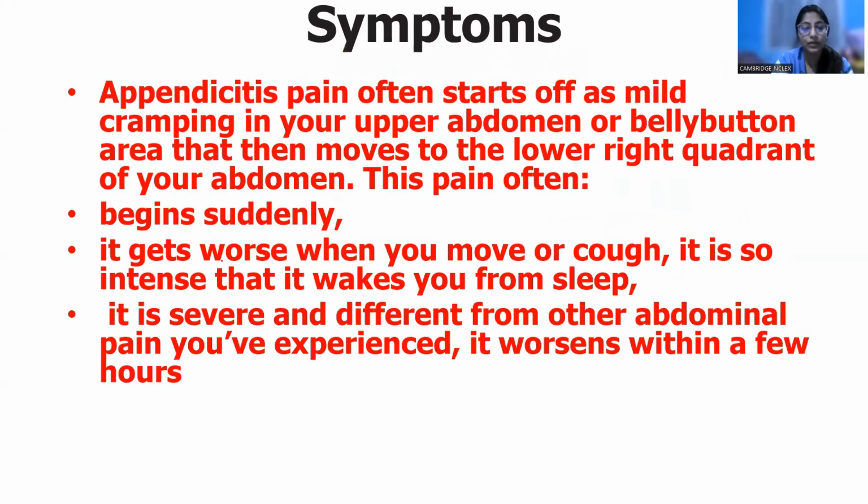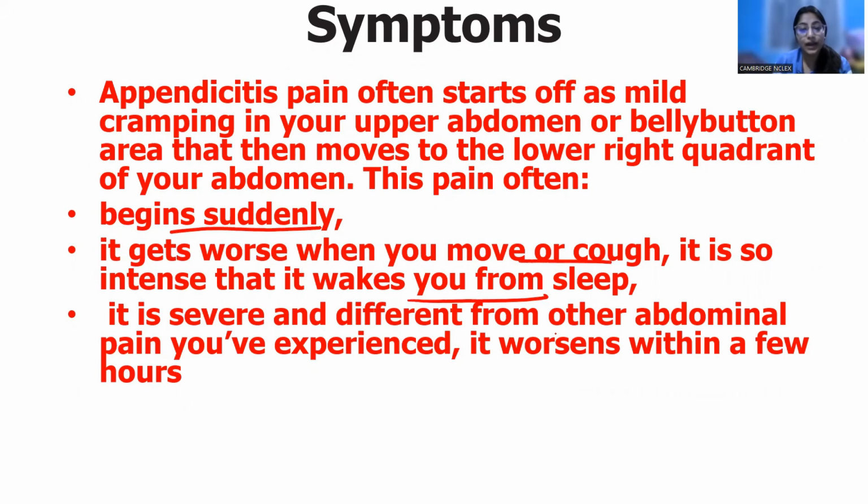So, what symptoms might a patient with appendicitis have? Appendicitis pain often starts as a mild cramping in your upper abdomen or around your belly button. Then it moves to the lower right side of your abdomen. This pain often begins suddenly. The pain will be severe and come on suddenly. It gets worse when you move or cough, and it's so intense that it can wake you up from sleep.